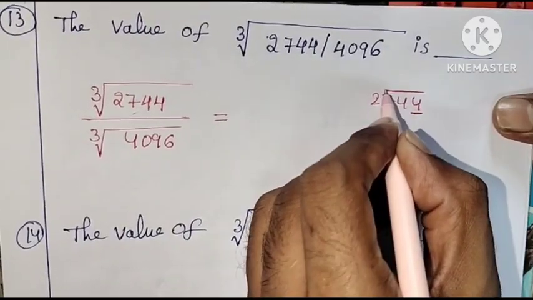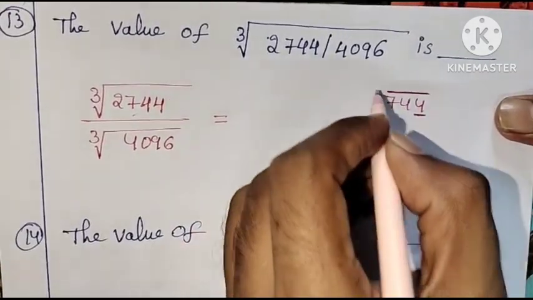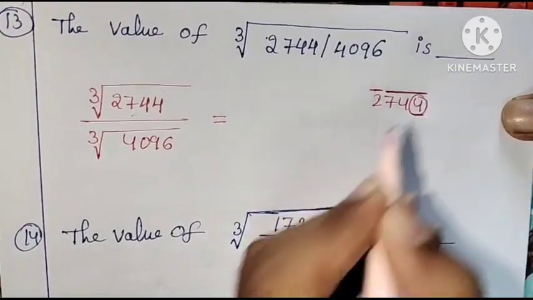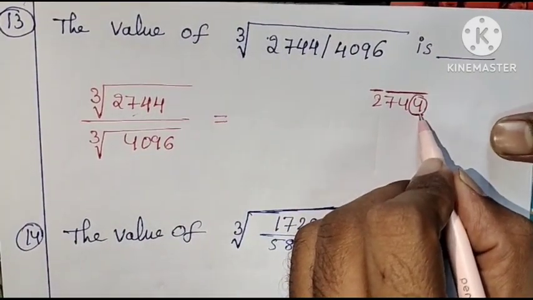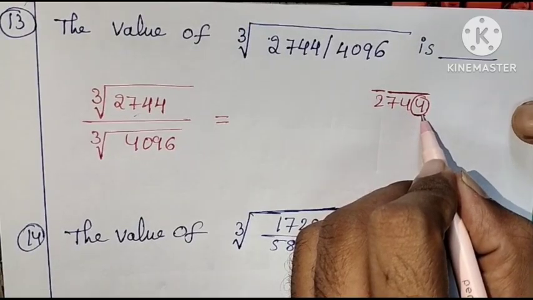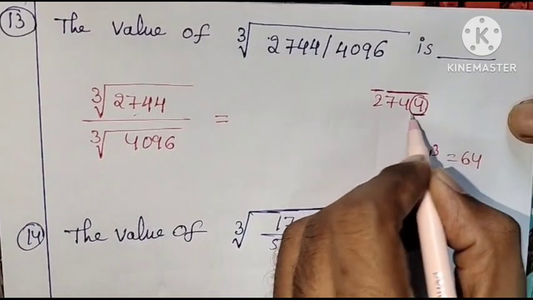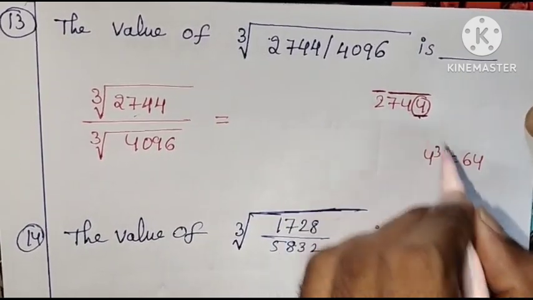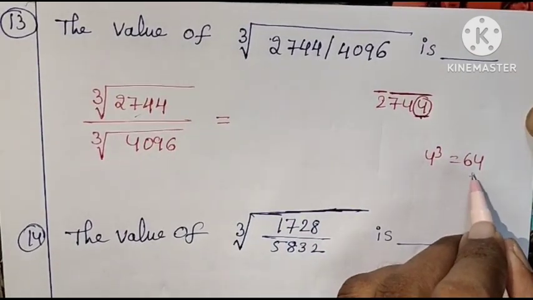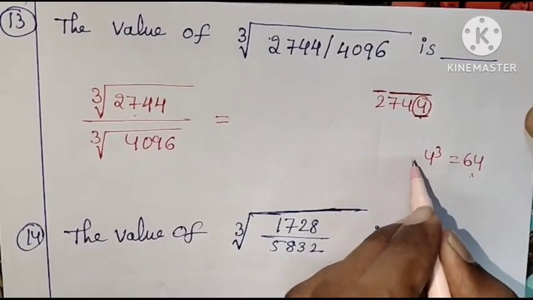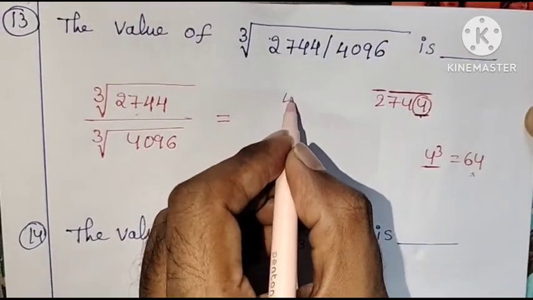So this is one group, these 3 digits one group, and this is another group. Here the unit digit is 4. So in which perfect cube do we get unit digit 4? 4 cube, because 4 cube is equal to 64. So 64 is the cube of 4. So the unit digit is 4.